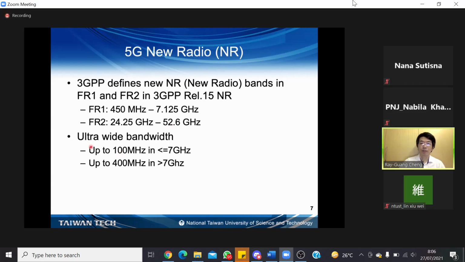In 5G, they define different bandwidths. They can have up to 100 megahertz bandwidth in the sub-7 gigahertz band. For the millimeter wave band, FR2, they can have up to 400 megahertz. So you can see the bandwidth comes from the requirement for eMBB.